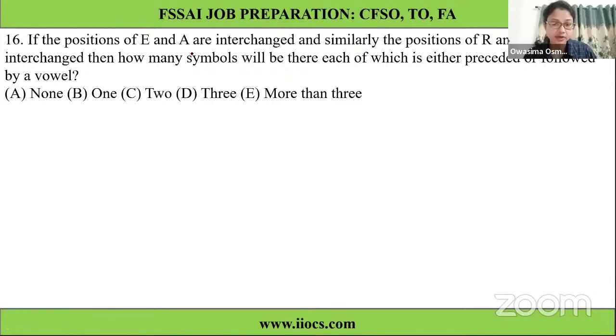Next, if the position of E and A are interchanged, and similarly the position of A and U are interchanged, then how many symbols will be there, each of which is either preceded or followed by a vowel?